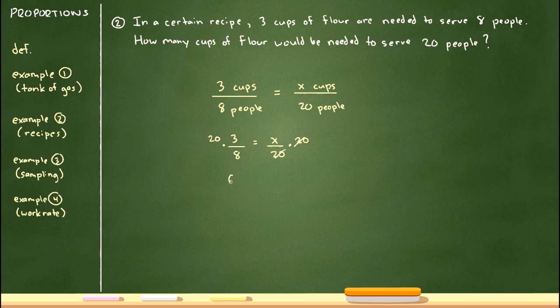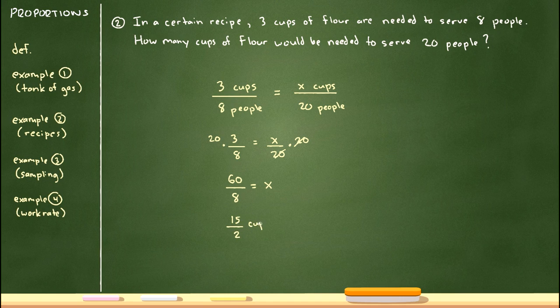And that gives us 60 divided by 8 is equal to x. And we just need to reduce this fraction here. So this would be 15 over 2 because 4 goes into 60 and it goes into 8. So we would get 15 over 2.